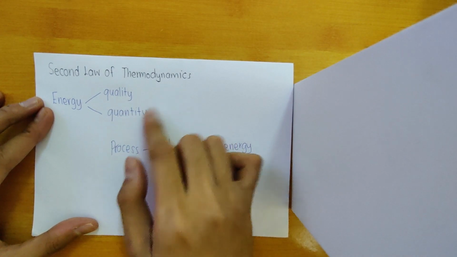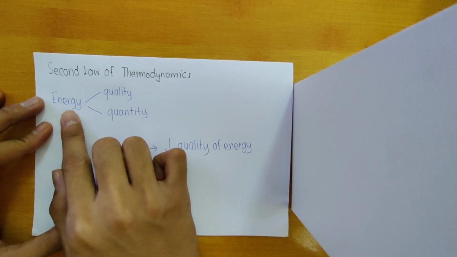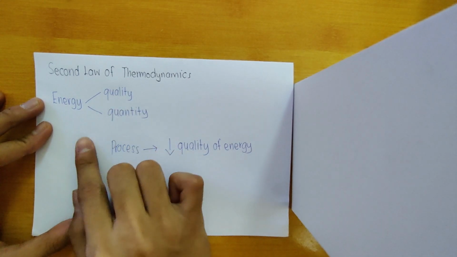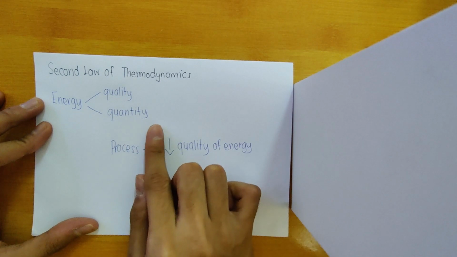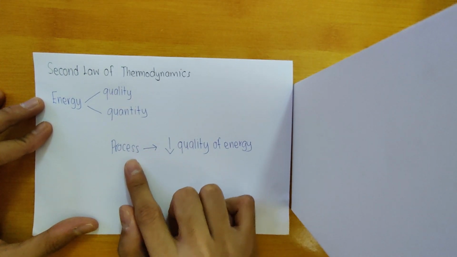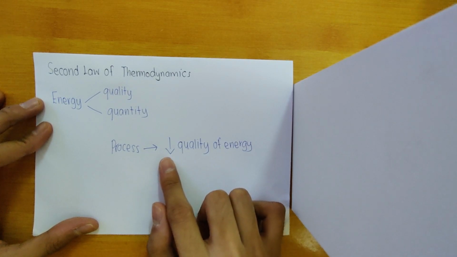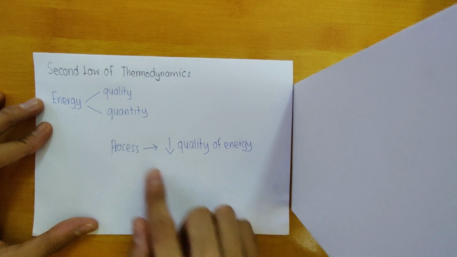The second law of thermodynamics asserts that energy has quality as well as quantity, and actual processes occur in the direction whereby the quality of energy is decreasing.